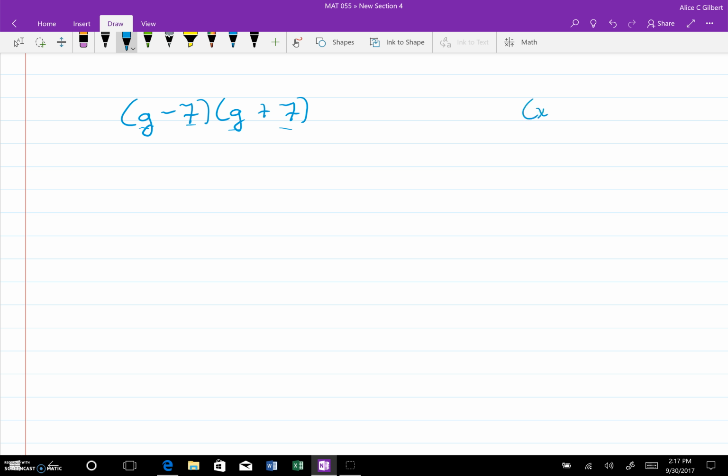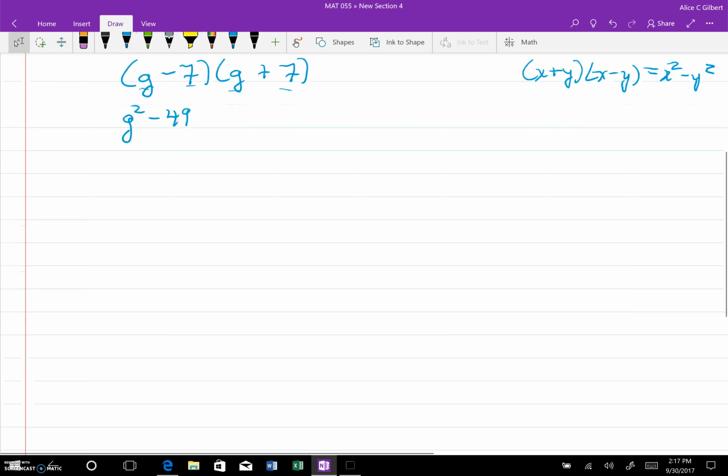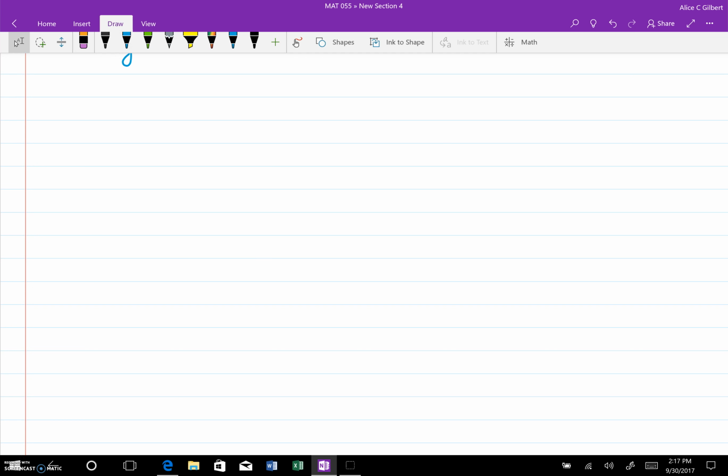So when it's x plus y, x minus y, it goes into x squared minus y squared, difference of squares. So g squared minus 49. Okay, that's not with any radicals though. We're going to do the same thing with radicals. Remember, I've said that these patterns, difference of squares and perfect square trinomials, come up all the time.